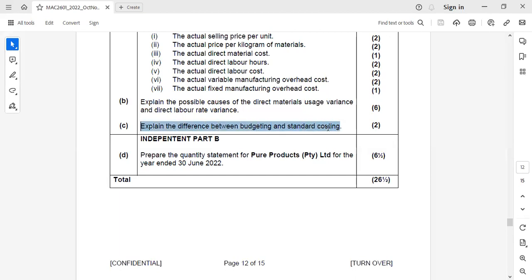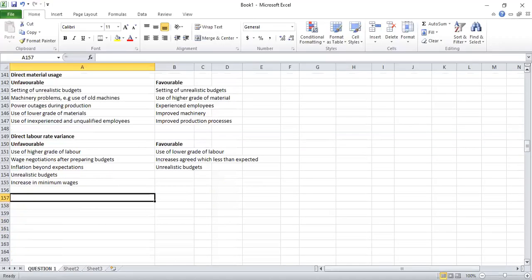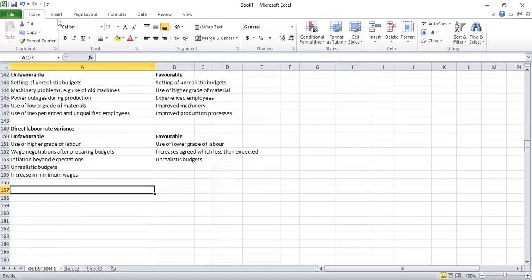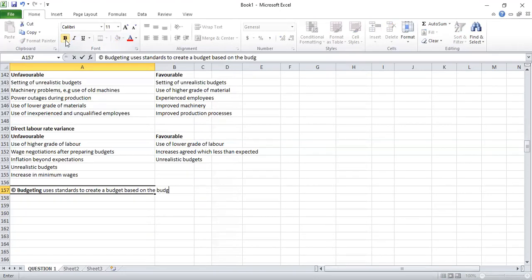Explain the difference between budgeting and standard costing. Budgeting uses standards to create a budget based on the budgeted quantities.